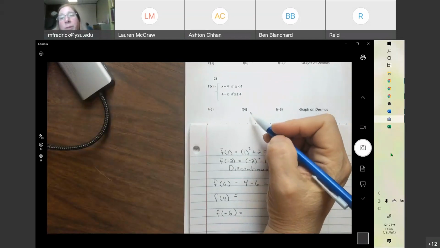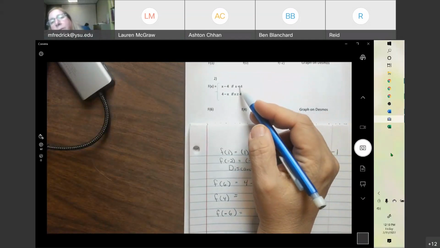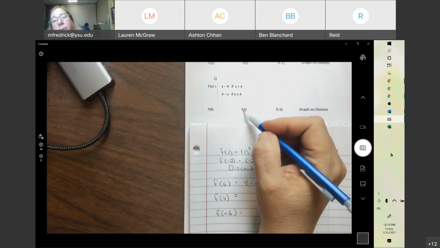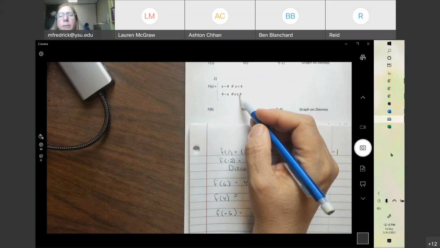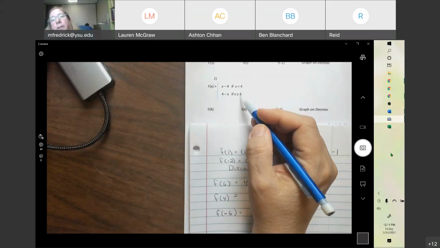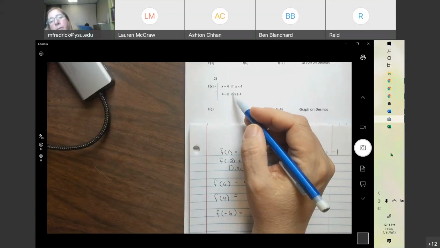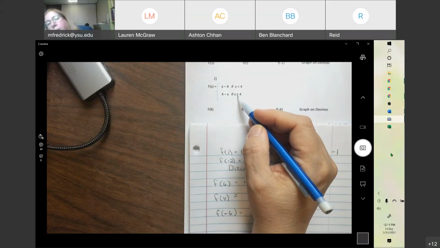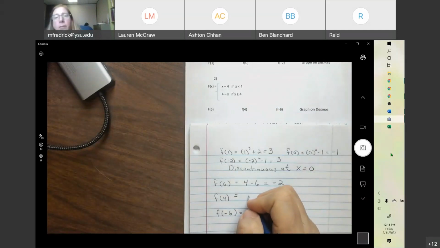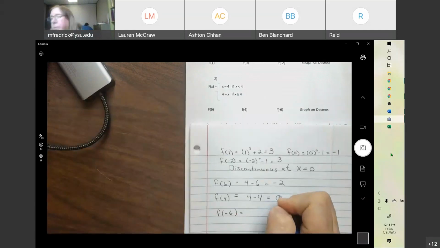All right, for 4, to decide which one, because we know that 4 is here, it has to be equal to it. This little symbol means equal to. This one doesn't have it. And so it's this one. Because 4 equals 4, we plug it in here. 4 minus X, so 4 minus 4 is 0.